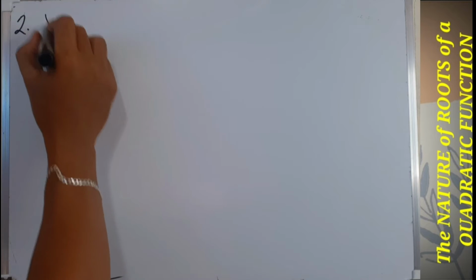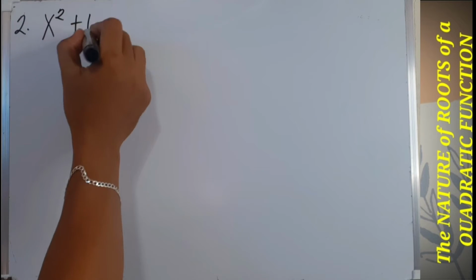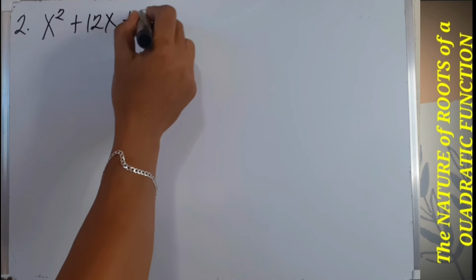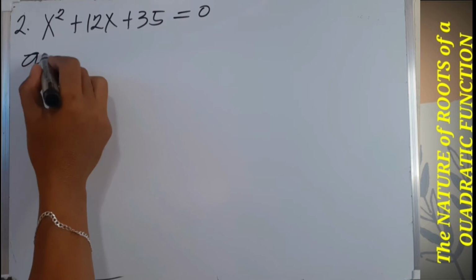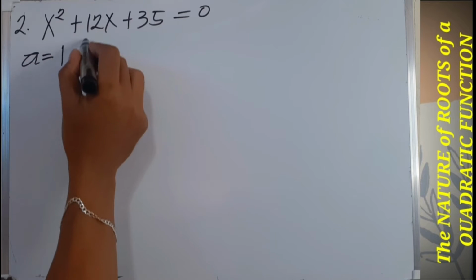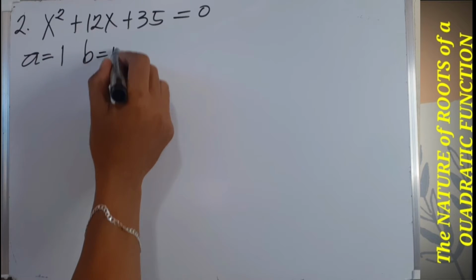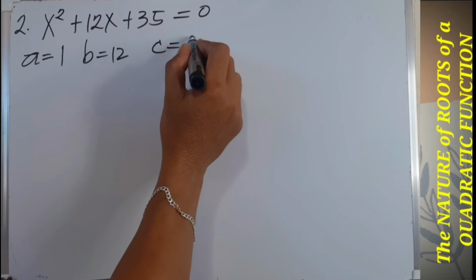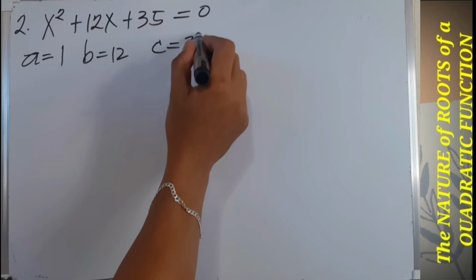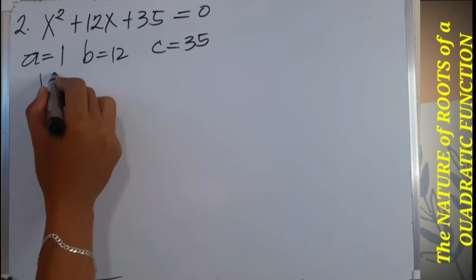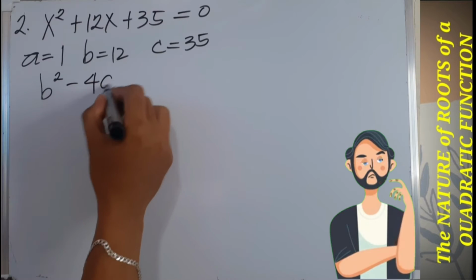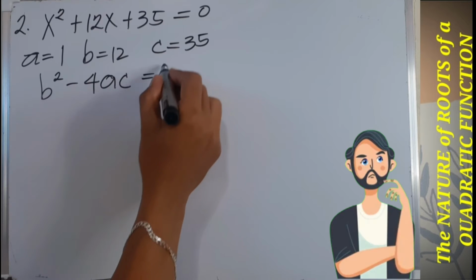Example number 2, x squared plus 12x plus 35 equals 0. The values of a is 1, b is 12, c is 35. Solve for the discriminant to describe the nature of roots.